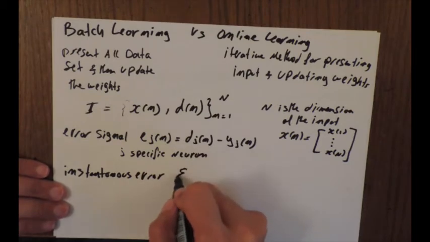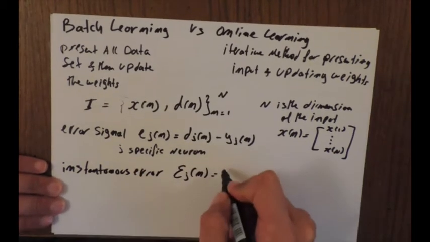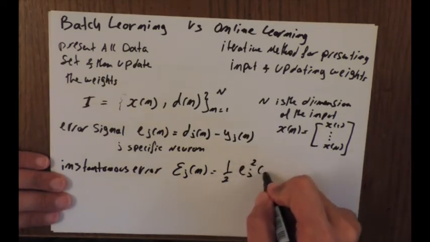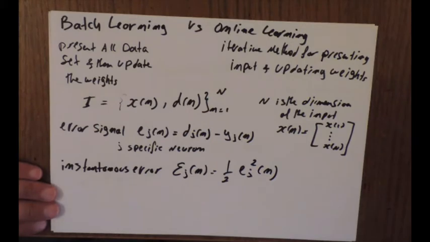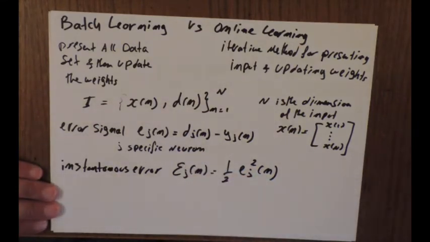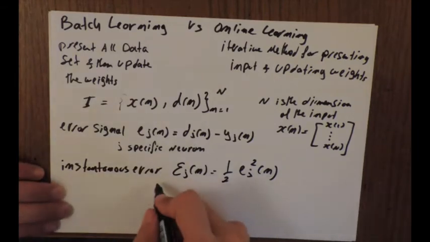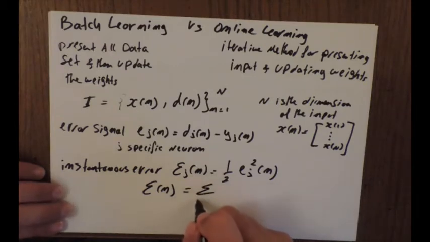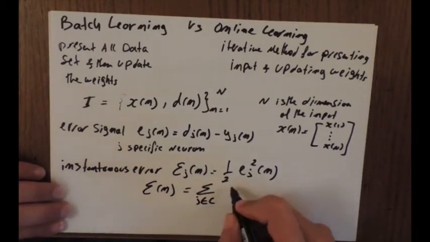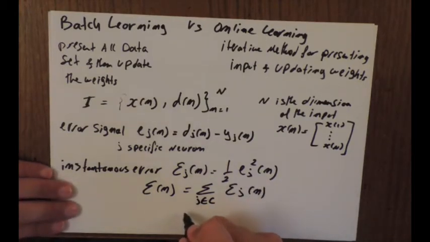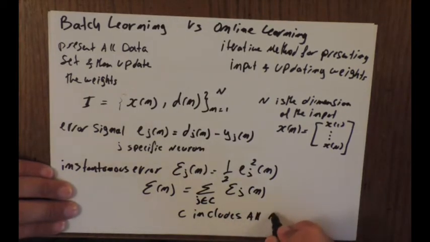We have big E of j of n, and of course we add the half just for ease of calculation when we're doing the derivative. This is the instantaneous error, specific to a neuron j. The total instantaneous error is the summation of the errors of all neurons, for j belongs to C, where C includes all neurons in the output layer.